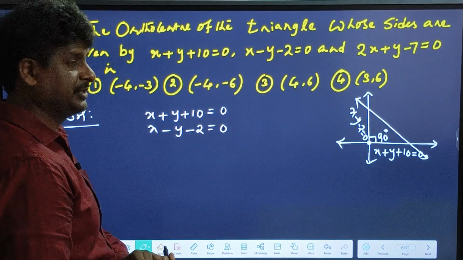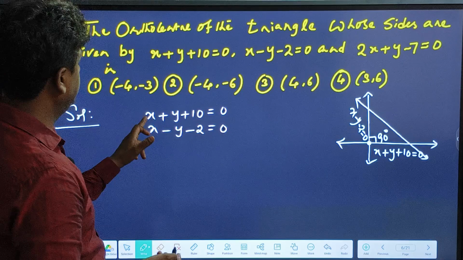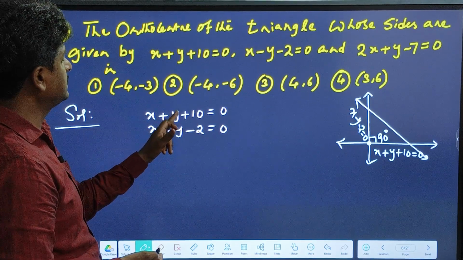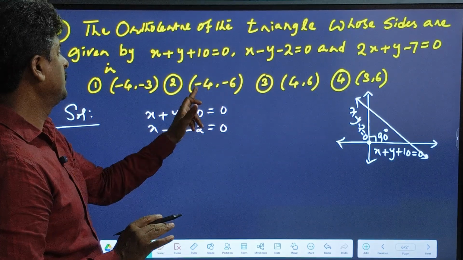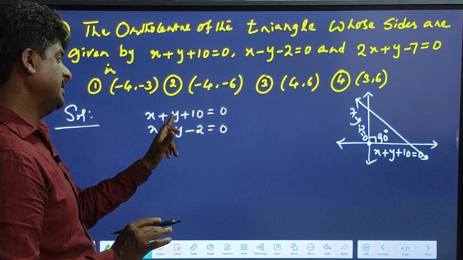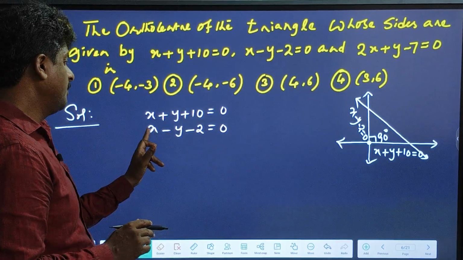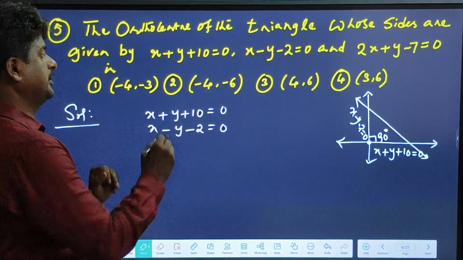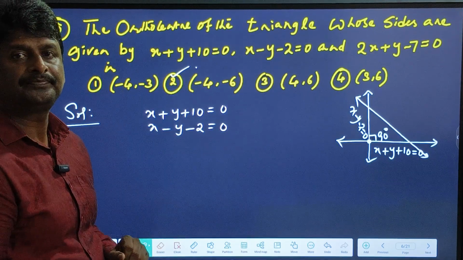I am verifying with the first option. Minus 4 minus 3 minus 7 plus 10 is not 0. Minus 4 minus 6 minus 10 plus 10 is 0. Minus 4 plus 6 minus 2 is 0. The answer is the second option.